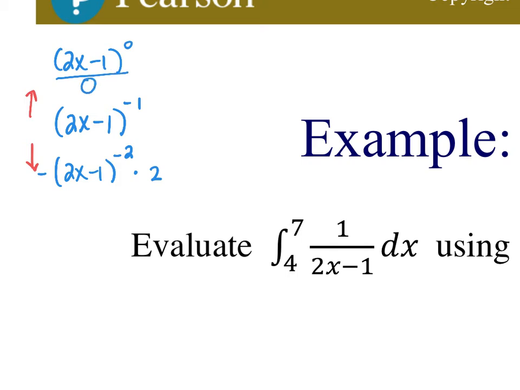Remember when that happens, we have to look for a different antiderivative, which is going to be the natural log of the absolute value of 2x minus 1. The other thing you have to remember is because we did the times 2 for the chain rule, when we do the antiderivative, we have to divide by 2.